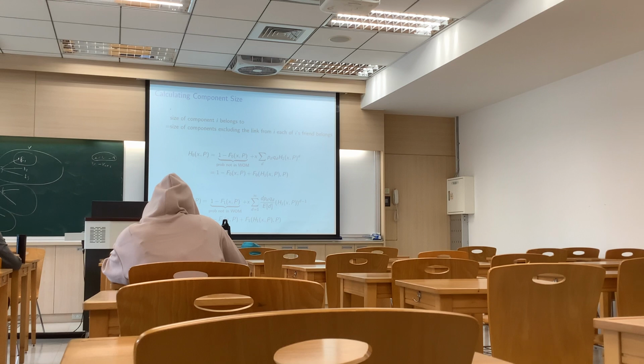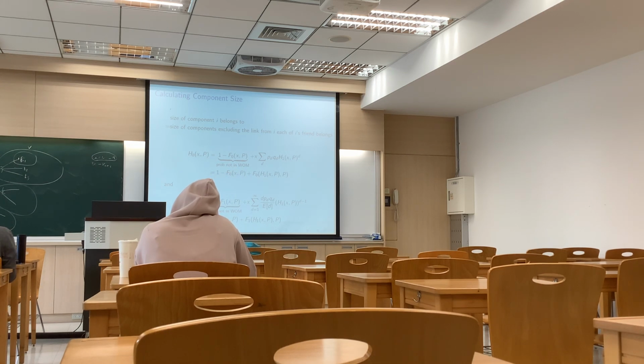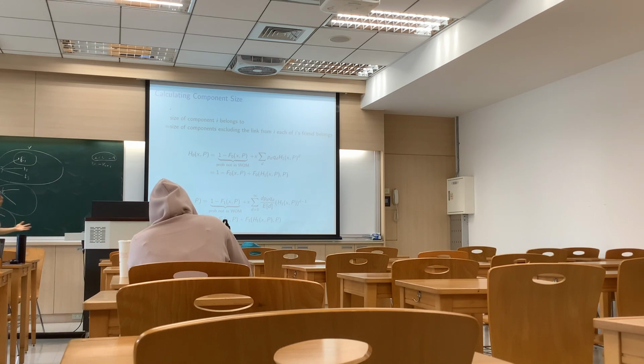Okay, so given D, if we know how many friends J has, then say J has 3 remaining friends, this random variable is just the sum of 3 copies of S delta. S delta is a random variable whose probability generating function is expressed as H1.